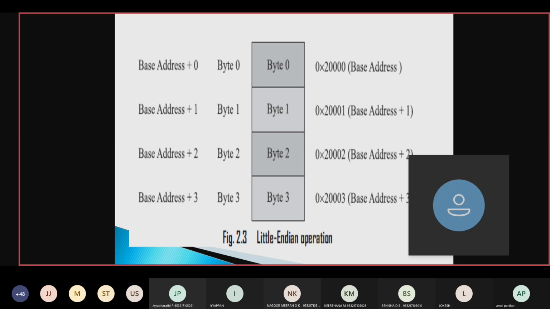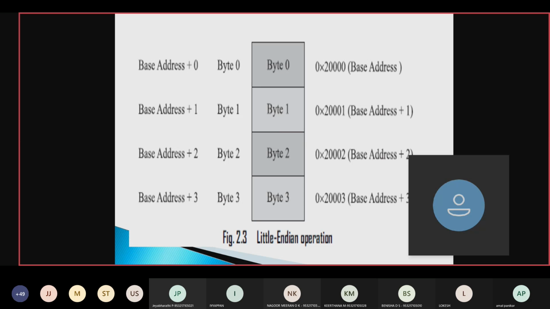Whereas if I go for big endian, in big endianness the reverse will happen. Here, the higher order byte of the data is stored in the lower address, and the lower order byte is stored in the higher address. That is called big endian.